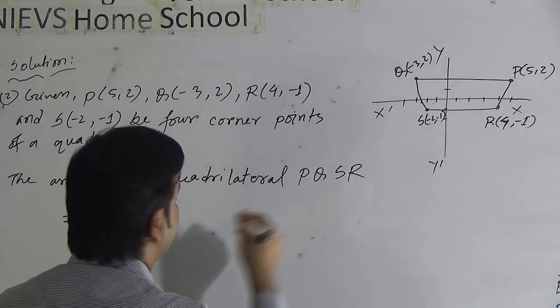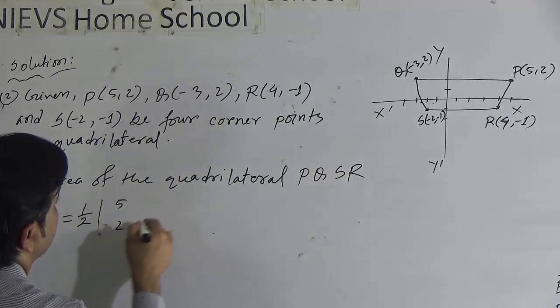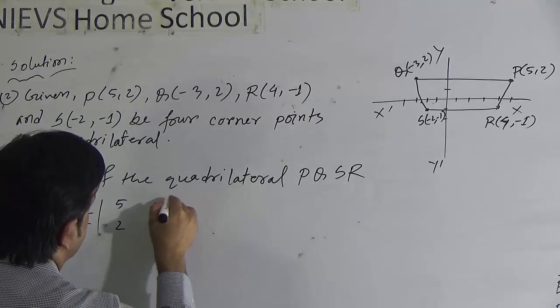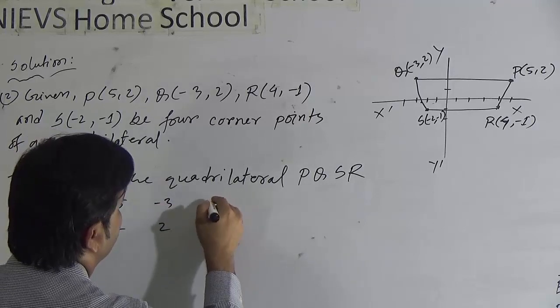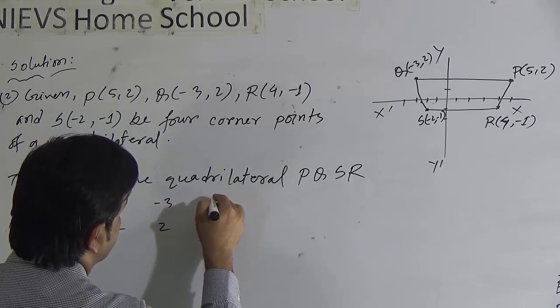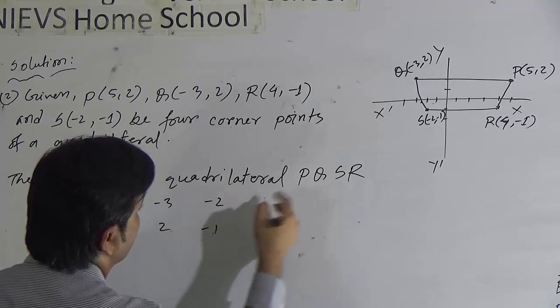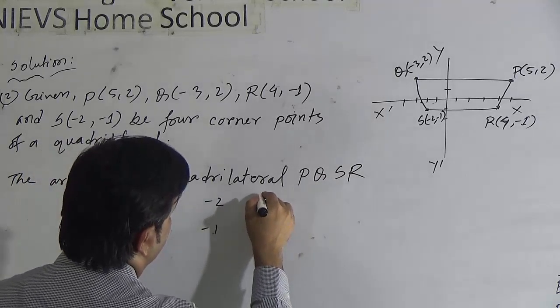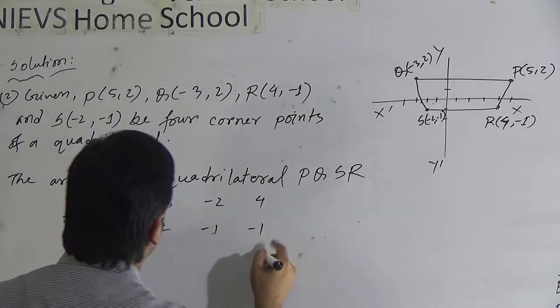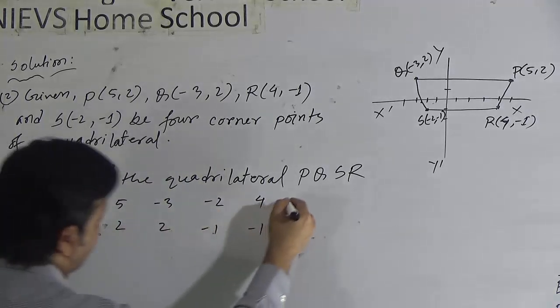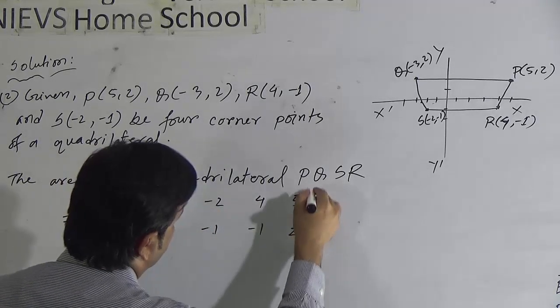Then the first point is P (5, 2), the second point is Q (-3, 2), the third point is S (-2, -1), and the last point is (4, -1), and then we have to repeat the first point (5, 2).